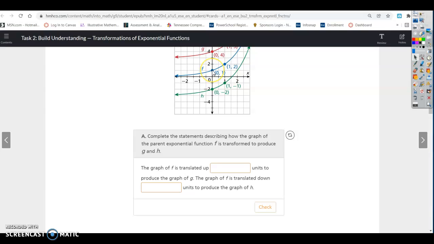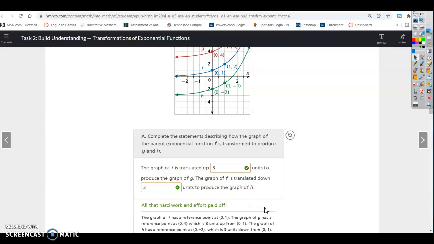If you look right here, we're on 1 and it goes up 1, 2, 3, and this one goes down 1, 2, 3. So the graph of f is translated up 3 to produce g, and the graph of f is translated down 3 to produce h.